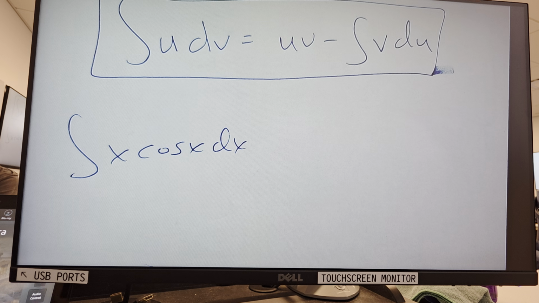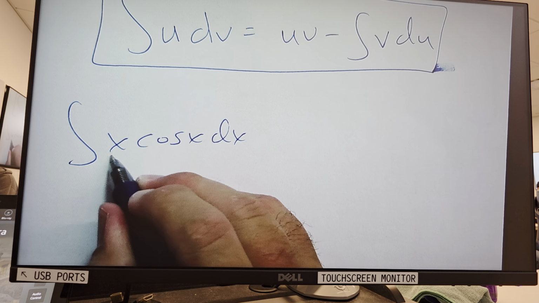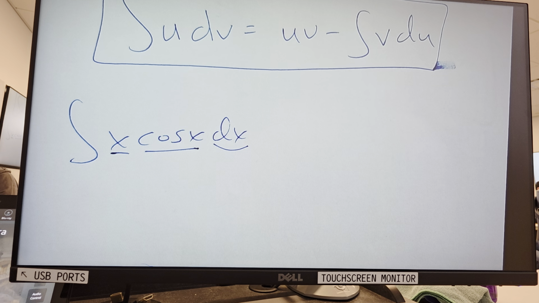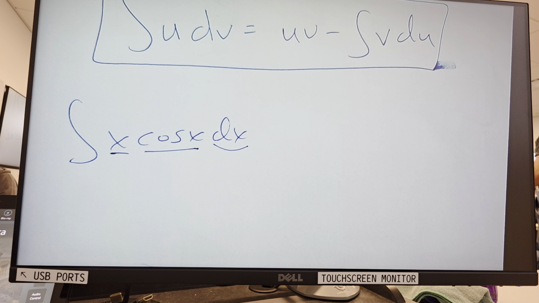All right, so how's this going to work, Jeff? I don't know. I have two functions in here, yes? Mm-hmm. But one of them is going to have this attached to it, because that would then be equal to dv. Which piece of that has a worse integral? I don't know if you guys are with me on this. Cosine.